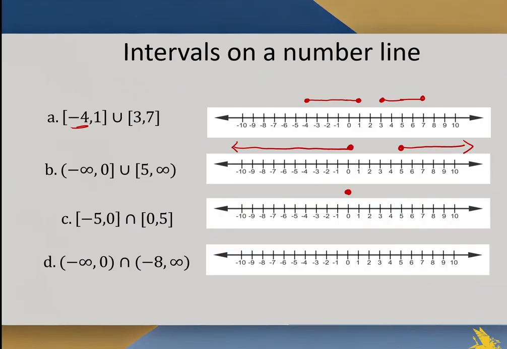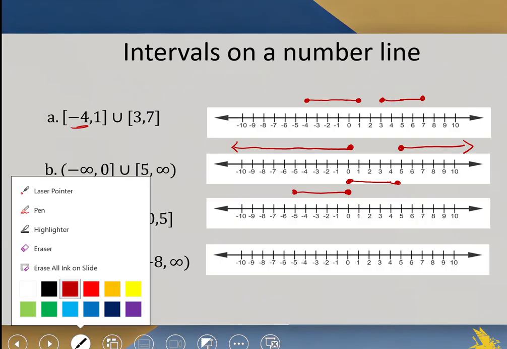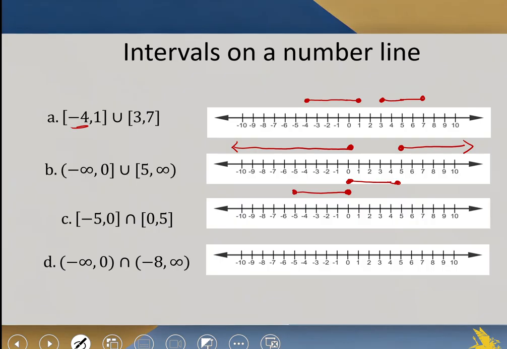Because if I just do the whole thing, so that is -5, all the way through to 0, and intersecting from 0 all the way through to 5. Because it's an intersect, it must be both of them, which means the only point that it's intersecting the lines is on this green one. So the green one is my answer.